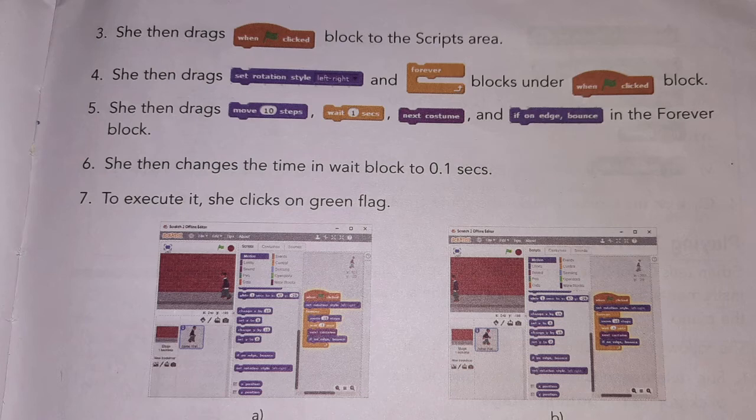She then drags move 10 steps, wait 1 second, next costume and if on edge bounce in the forever block. She then changes the time in wait block to 0.1 seconds. To execute it, she clicks on green flag.